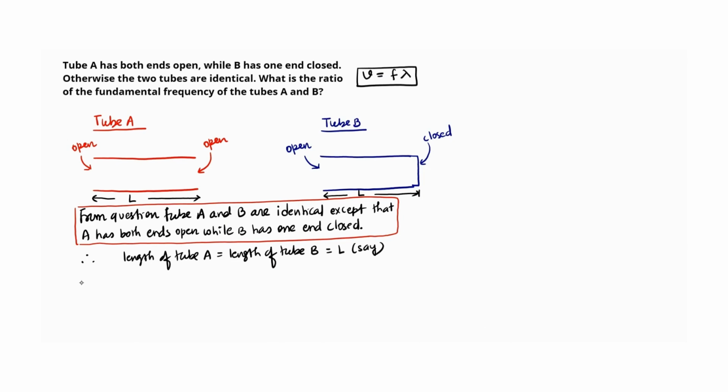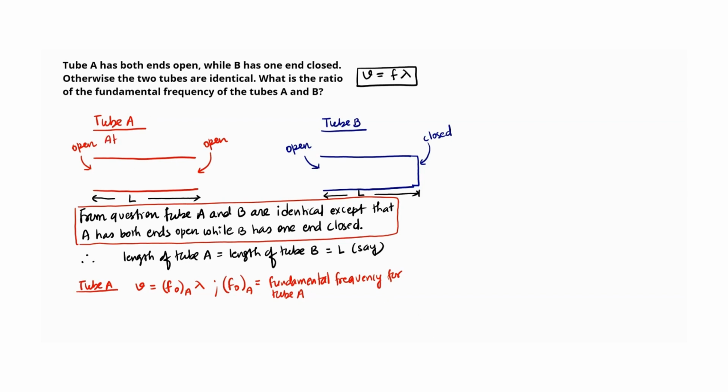Now, for tube A, we have V equals F naught A times lambda, where F naught A is the fundamental frequency for tube A.